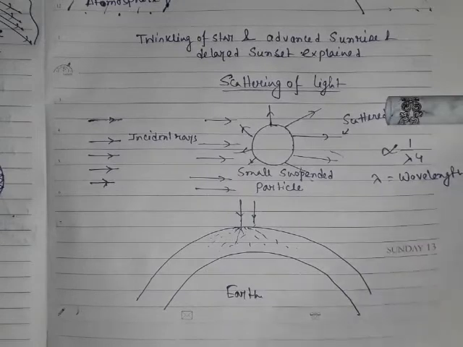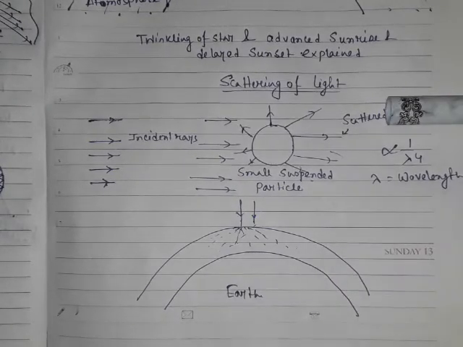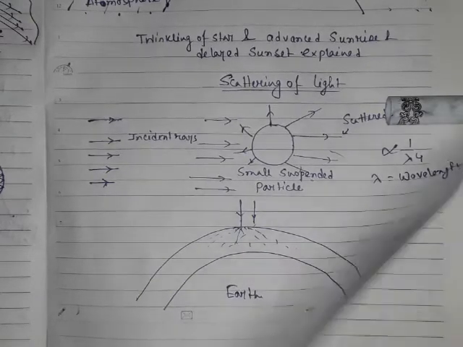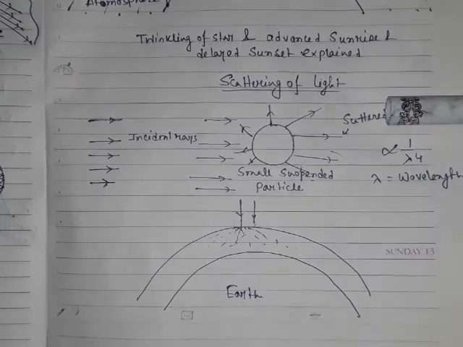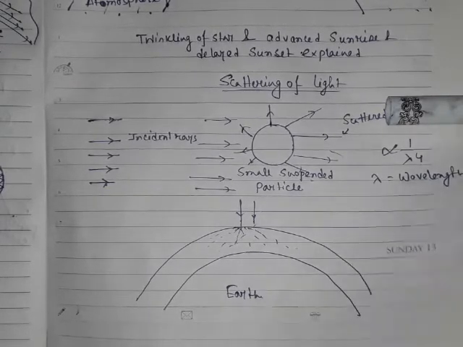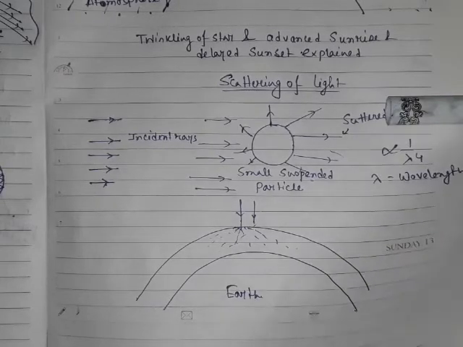So it is clear why we always see the sky as blue, since only this violet or blue color is visible from everywhere. If we didn't have any kind of atmosphere, then there would not be any kind of scattering, so the sky would be black.